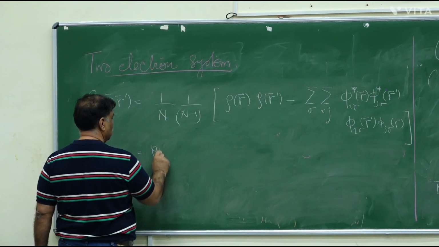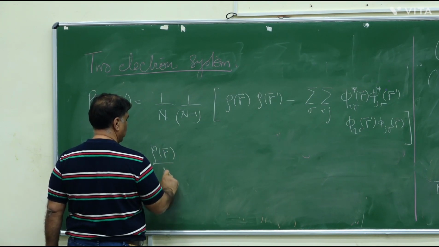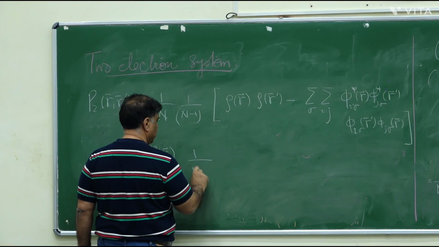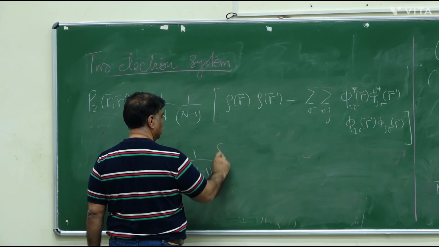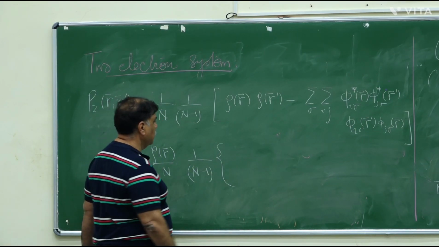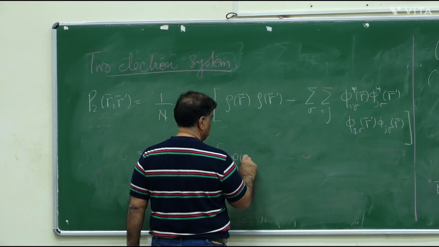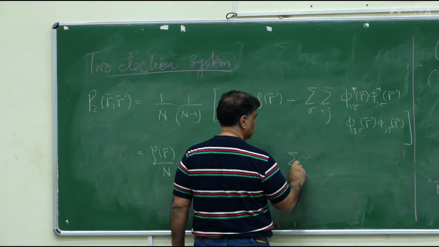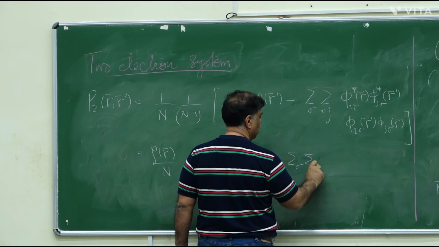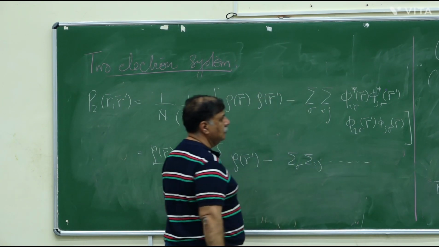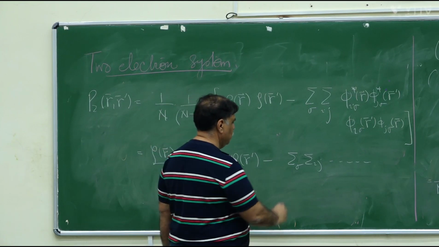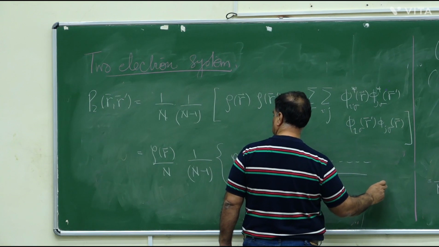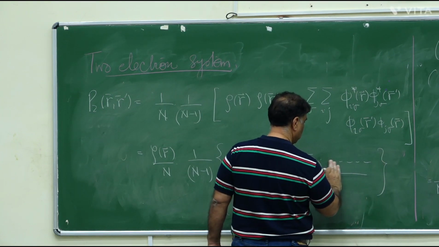I'm going to write this as rho r over n, 1 over n minus 1, integration, rho r prime minus summation sigma, summation ij, all that, divided by rho r, all that.